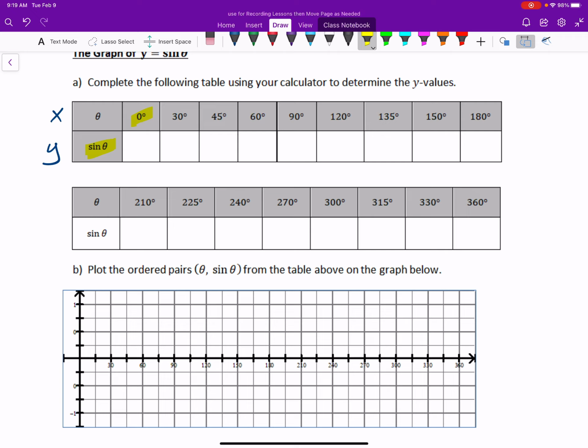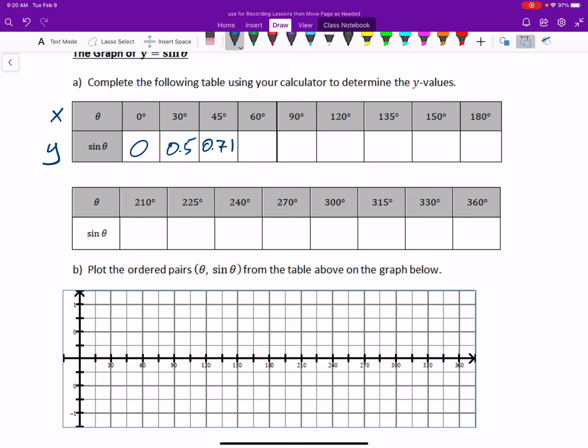sine 0 equals 0. If I take x equals 30, just take an angle of 30 and do sine of 30, sine 30 on my calculator is 0.5. And so I'm just going to keep typing these different values in. Sine 45, I'm just going to round to 2 decimal places, is 0.71.